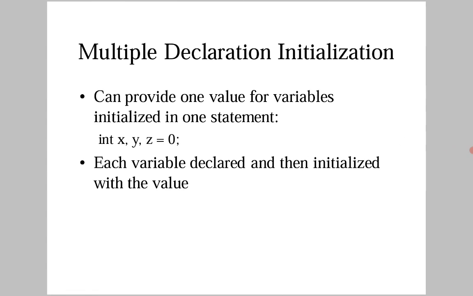So multiple declaration initialization means you can provide one value for variables initialized in one statement. For example, if we use int x, y, z is equals to 0, each variable is declared and then initialized with a value.